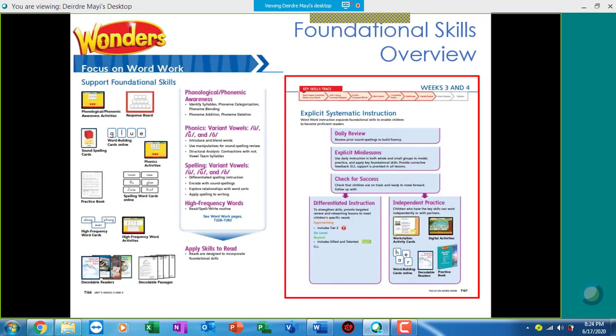Now, as you continue to turn through your teacher's editions for whichever unit you happen to pick up, you would also notice that foundational skills are important in second grade. Second grade, in my estimation, is really the most interesting grade level for Wonders. And here's why I say this.